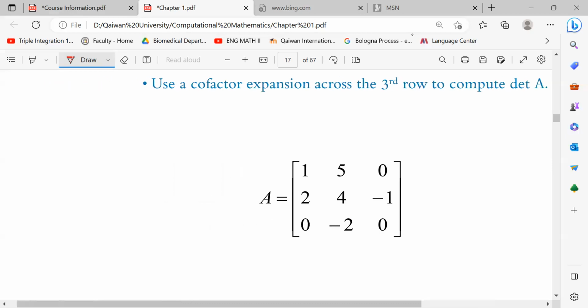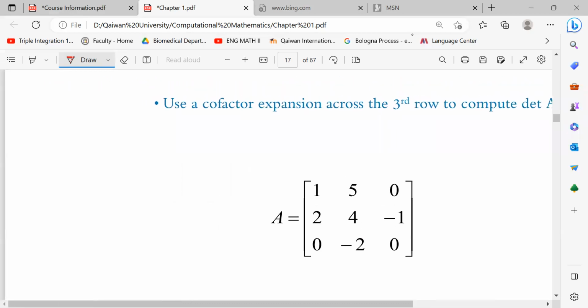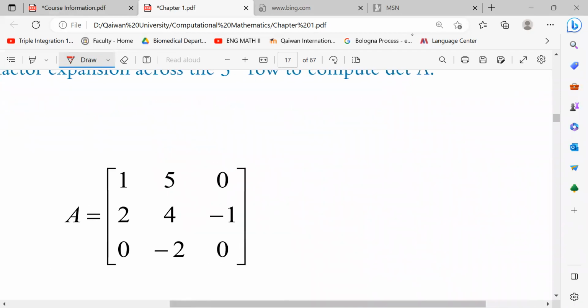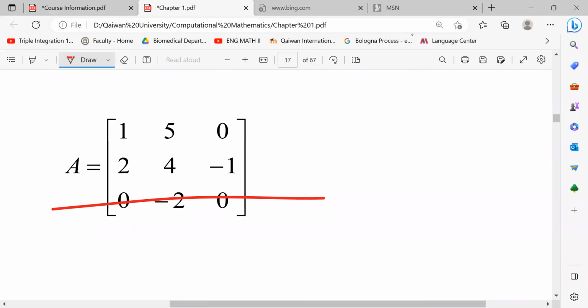Okay? Let's try this. To find the determinant of this matrix, let's take the third row, or the third column. No problem. If we take the third row, we have 3 elements. What are the elements? It's A31, A32, A33.